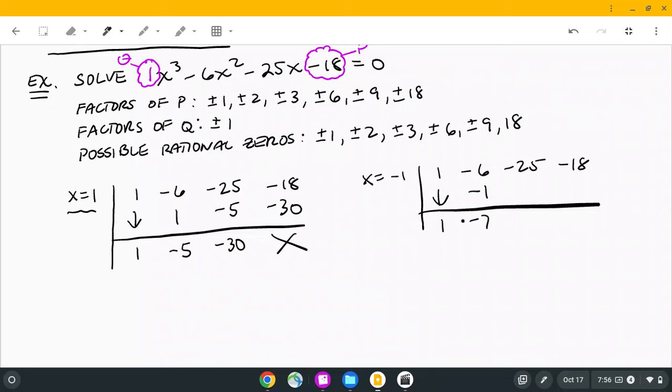Multiply, -7 times -1 is 7, that goes here. Combine these, -25 and +7 is -18. Okay. -18 times -1 is +18, and we do get a 0. Not just a 0, but a happy 0.